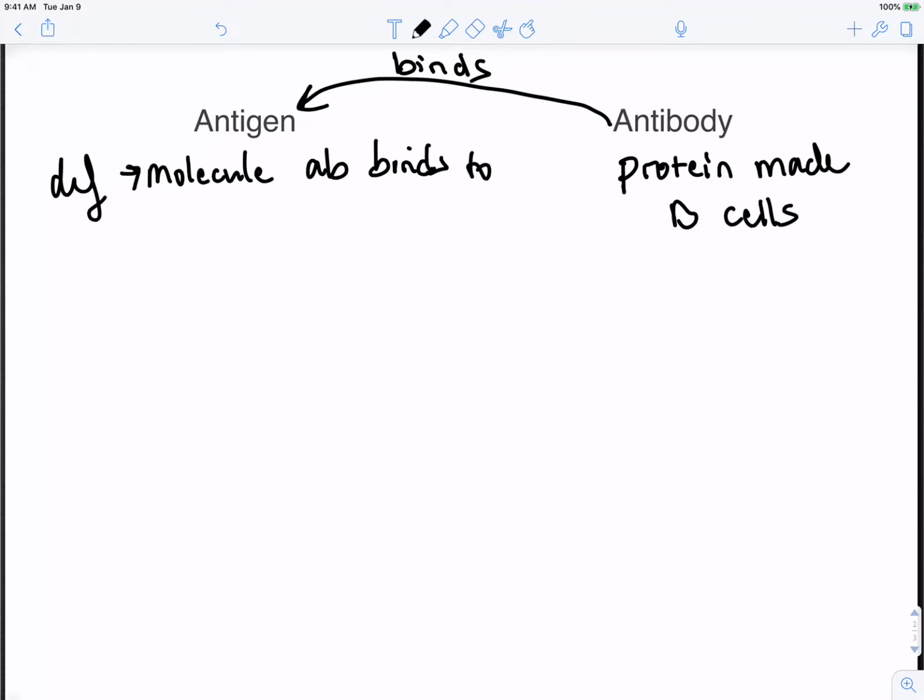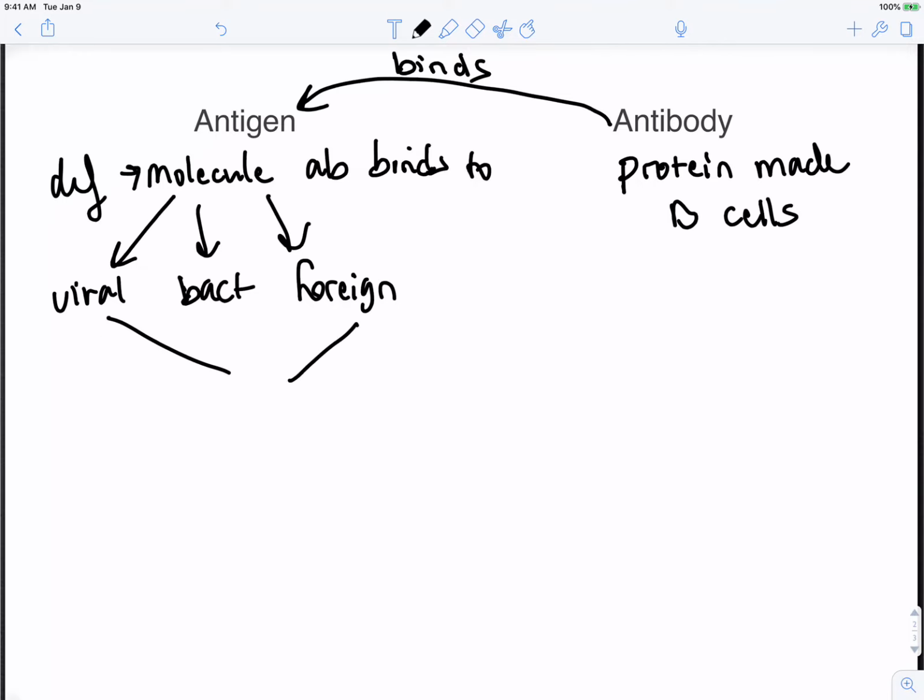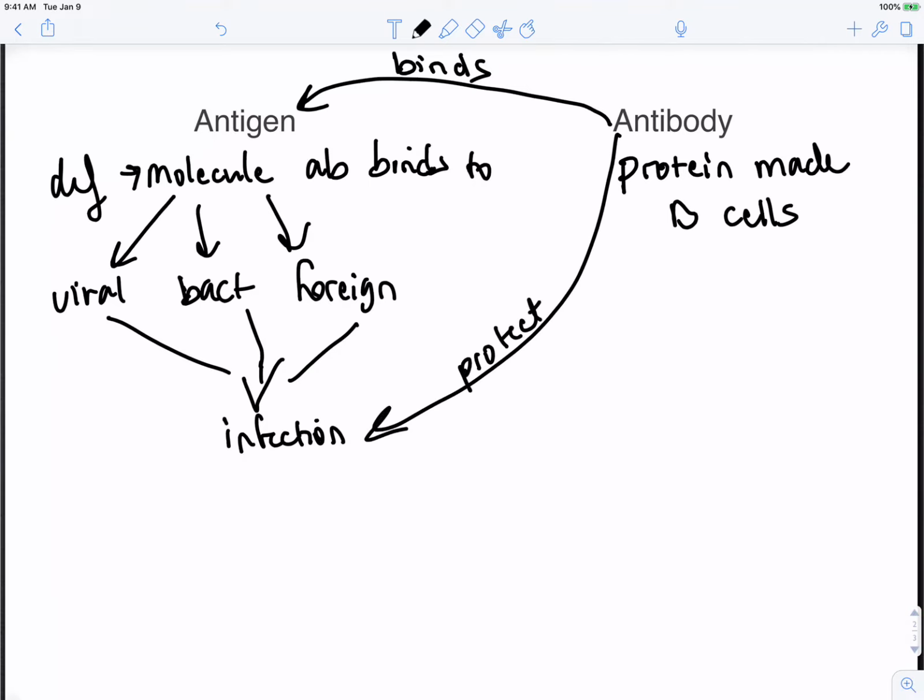Well, the molecule can be viral, bacteria, other foreign, and these would all lead to an infection, and the antibodies would help protect. Okay, so that's typically what antibodies do.